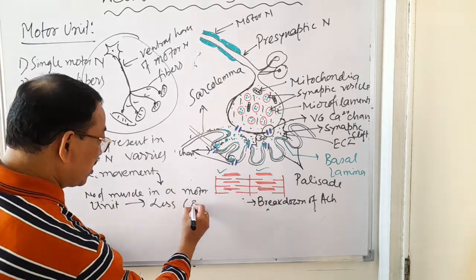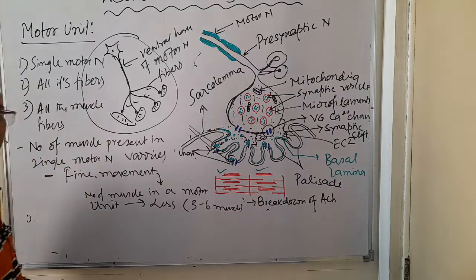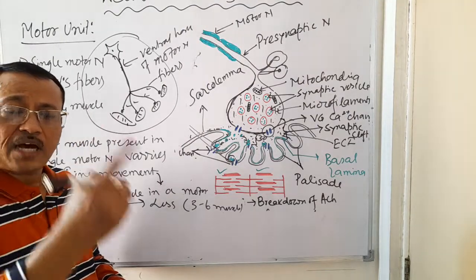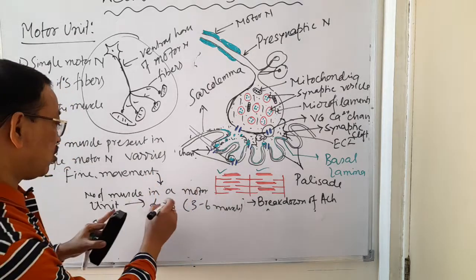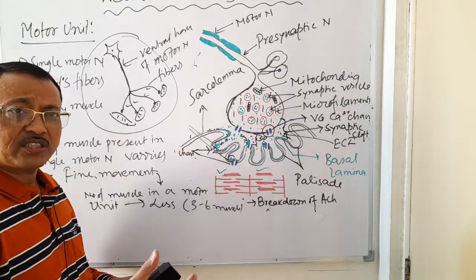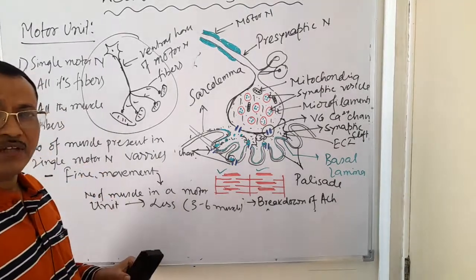This is around 3 to 6 muscle fibers per motor neuron. A single motor neuron gives supply to only 3 to 6 muscle fibers in case of laryngeal muscles, pharyngeal muscles, extraocular muscles, which are responsible for fine movement.